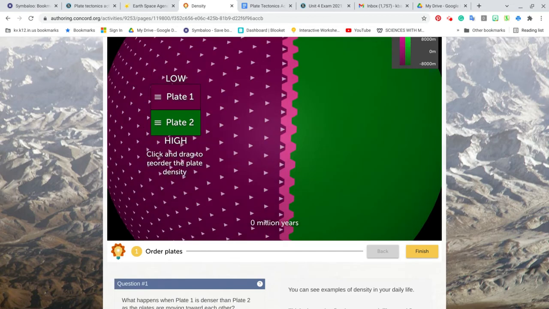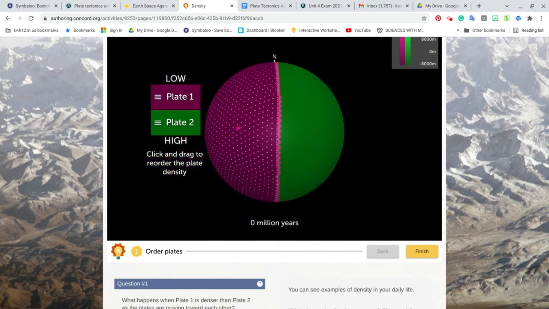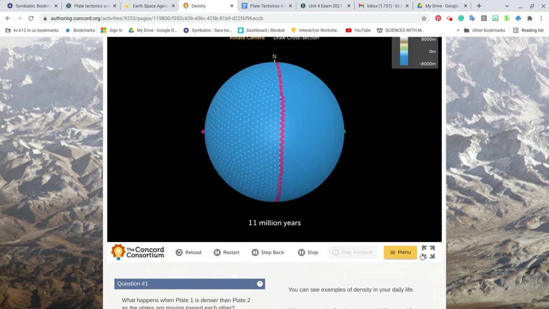Okay, so the first thing that it tells you to do, okay, that was me zooming in, sorry. It says order plates. So right now, the purple is the low density and the green is the high density. You can switch them if you wish. I do not wish. I'm going to finish.